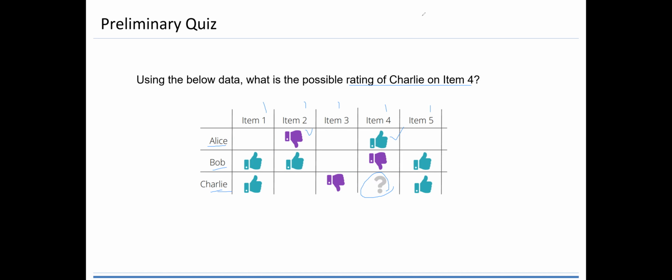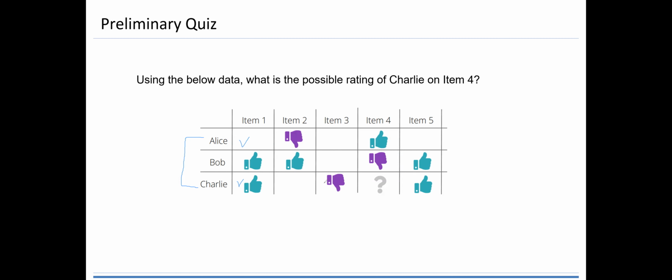Okay, now let's look at the data. How is the correlation between Charlie and Alice? If you look at Charlie's rating on item 1, Alice doesn't have any information about item 1.